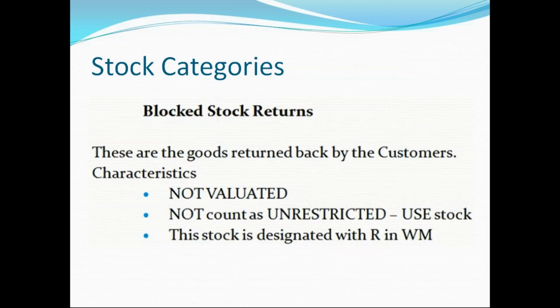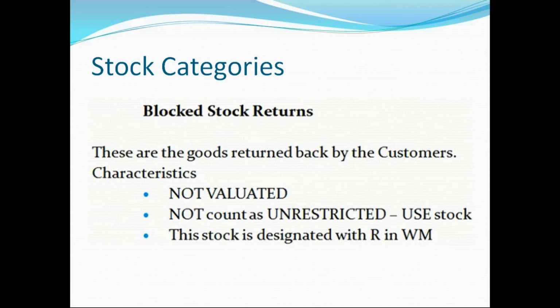Fourth one is blocked stock returns. So these are the goods returned back by the customers. As I told earlier, there could be instances where your company will be like a vendor company to other companies, and you will be sending out materials to the customers, and there can be instances where the material will be returned back by the customers.